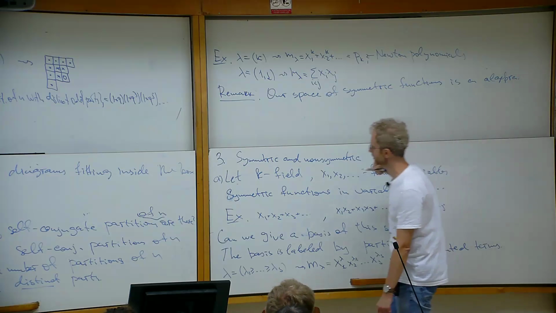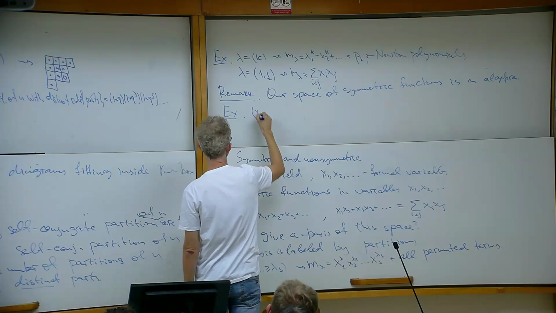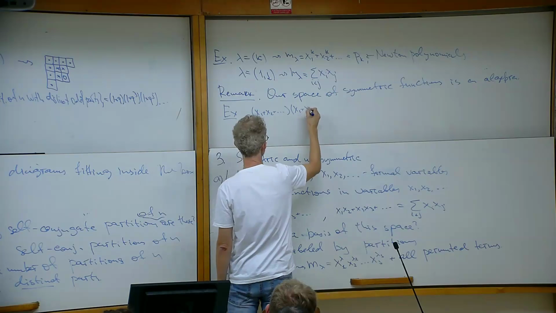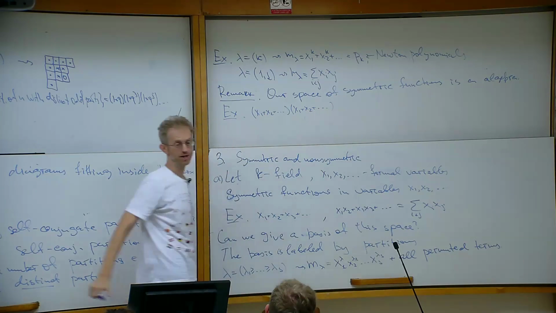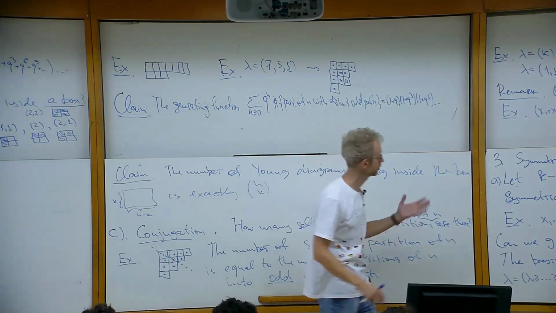Let me give you an example. Suppose you want to multiply x1 plus x2 plus so on, times x1 plus x2 plus so on. Let us take the square of the infinite sum of all the variables. What are we getting?